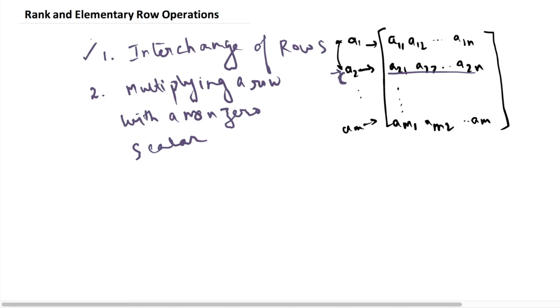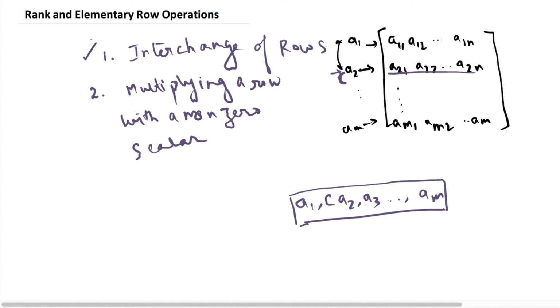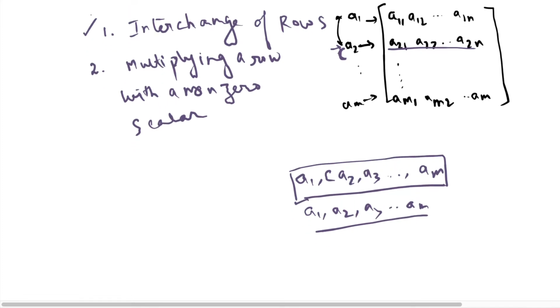So now my row vectors would be A1 and then cA2 and A3 and then dot Am. Clearly, again, this set of vectors will have the same number of linearly independent vectors as this set, A1, A2, A3 till dot Am, right? So again, multiplying a row with a non-zero scalar really does not change the rank of the matrix. So again, tick here.